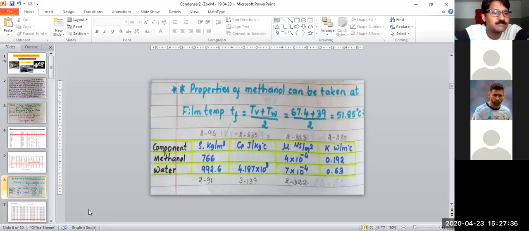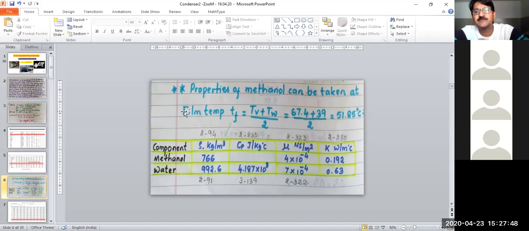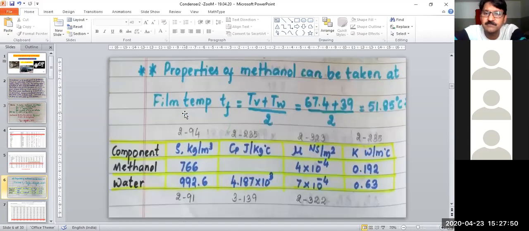Karan? Yes, sir. See, how have you taken the properties of ethanol in the previous problem? In the previous problem, at the beginning of the page.